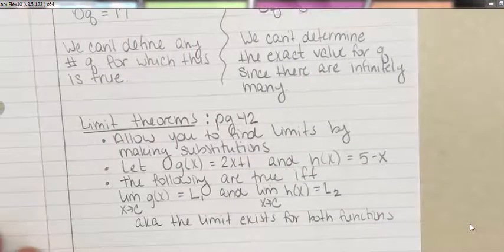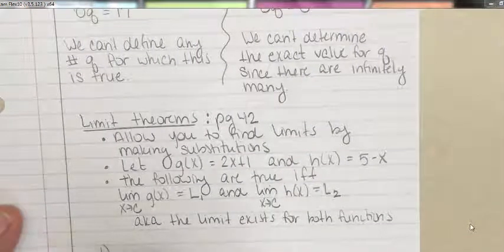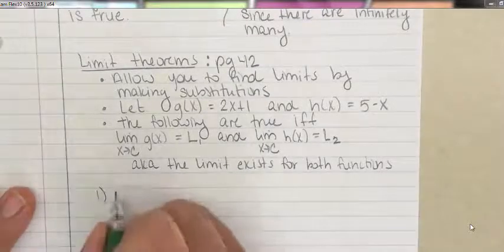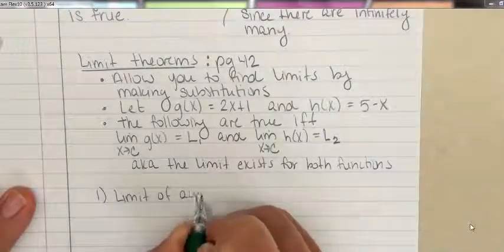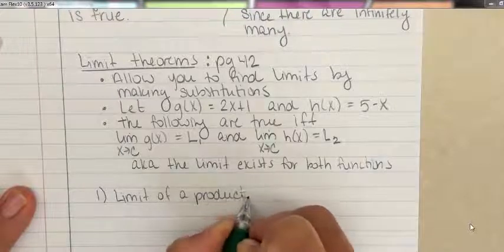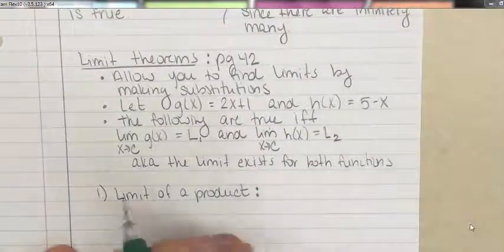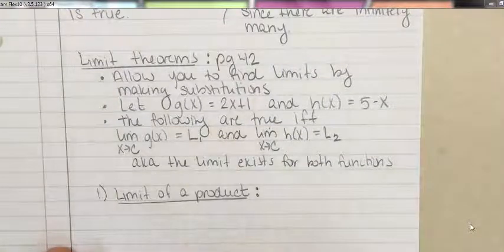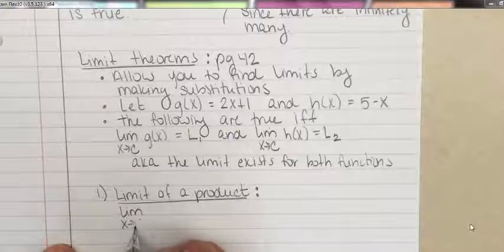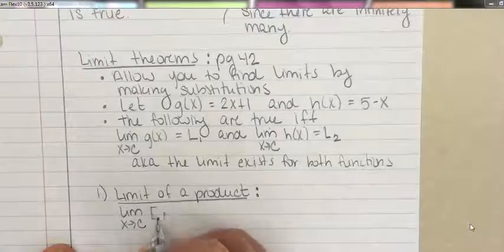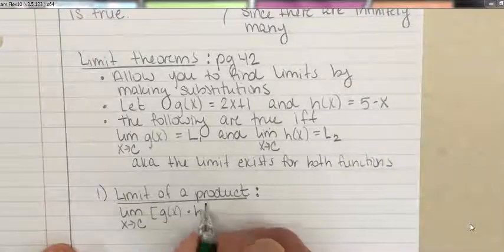All right, starting with our first limit theorem. It's the limit of a product. All right, so the first one here is, I will say the limit as x goes to c of the product of the two functions that we have established, g of x times h of x.